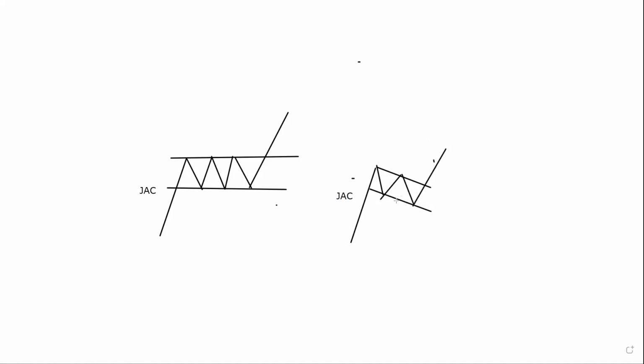Got it? Reaccumulation. Okay. Flag pattern, reaccumulation. And this can be what? This can be SOT or oversold. Okay. How about the third pattern here? The third pattern is similar to redistribution. There's no difference.